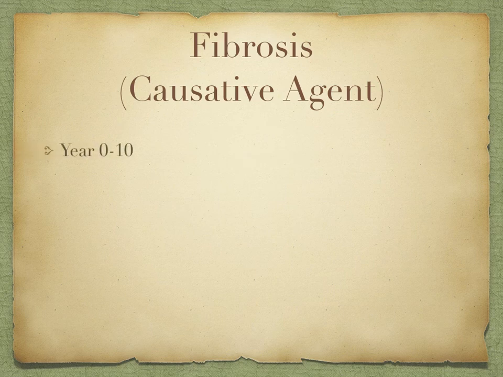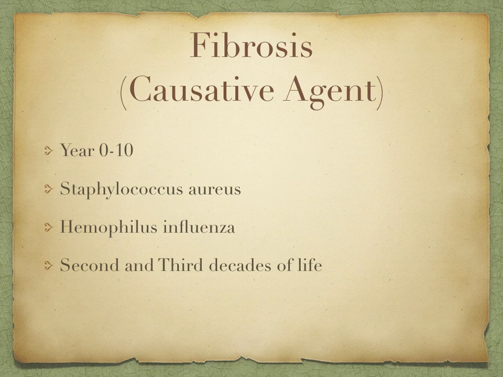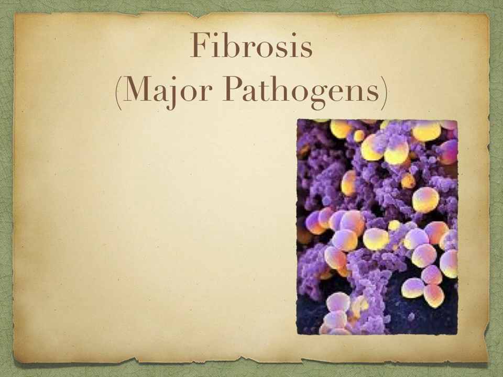When we talk about causative agents, in the first decade of life, Staphylococcus aureus is the primary microbe that we see causing a lot of trouble with fibrosis, especially cystic fibrosis. We also get Haemophilus influenzae. Then in the second and third decades, so your 20s and 30s, you're looking at Pseudomonas aeruginosa.